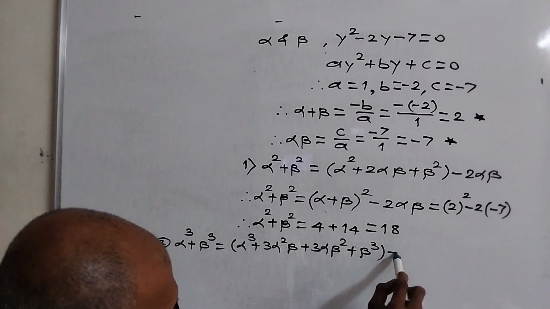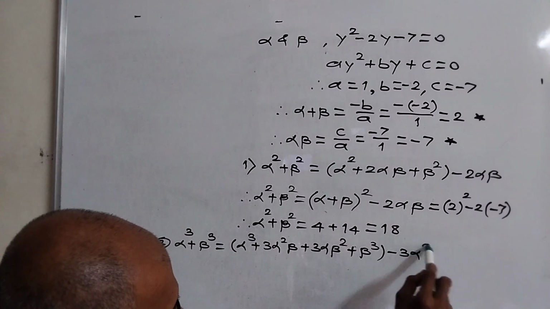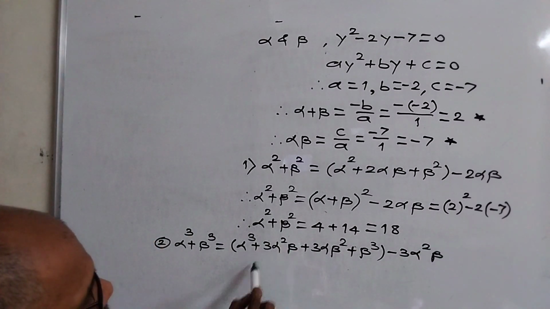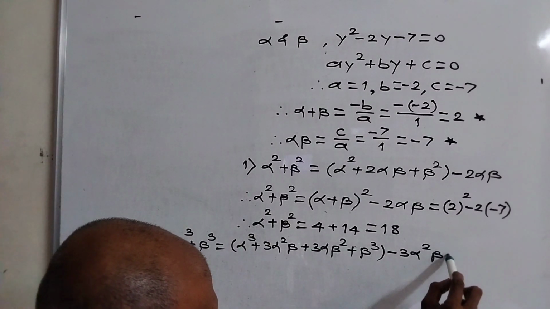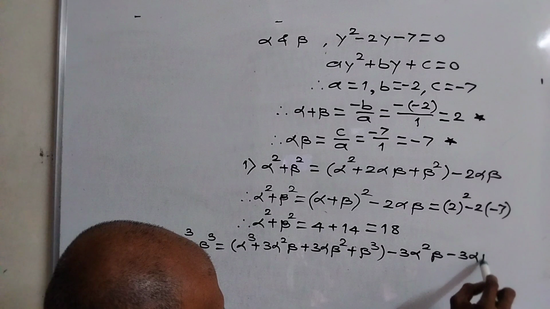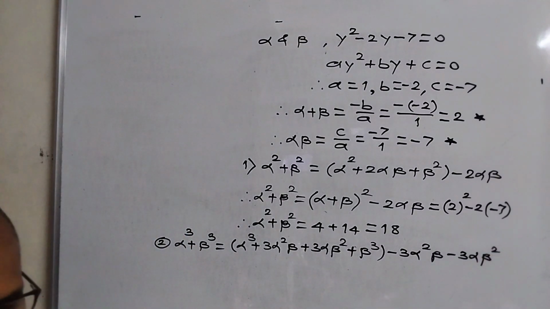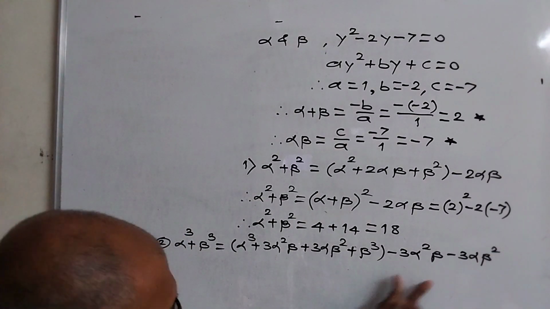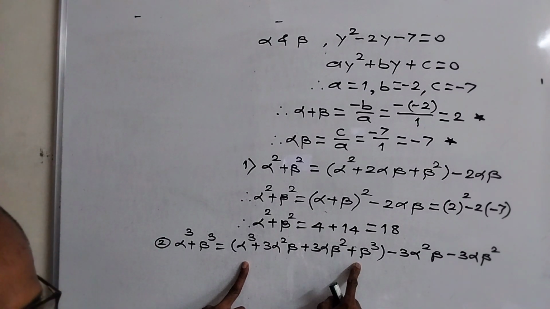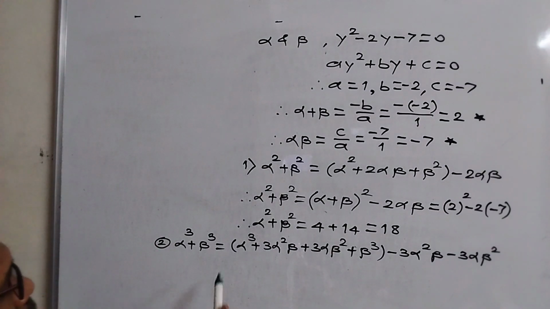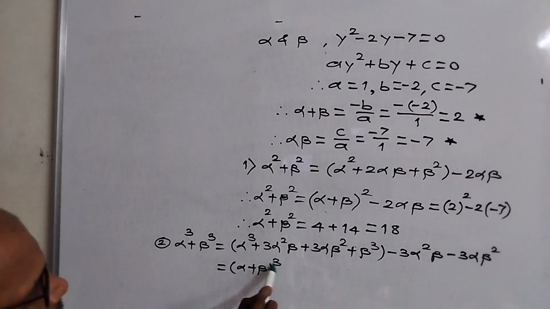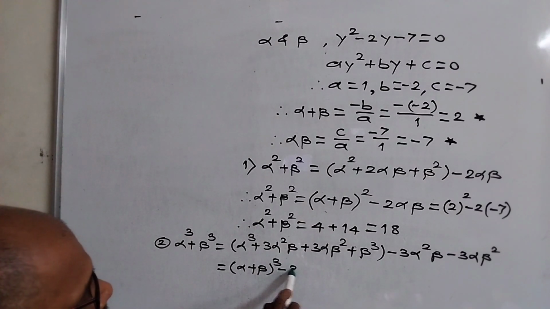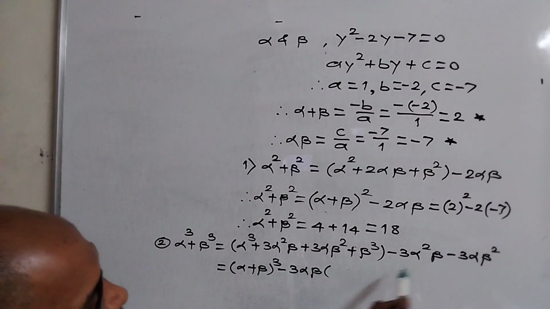So we write here minus 3 alpha square beta, plus minus cancel. Then here also plus, so we write here minus alpha beta square. Did you understand? These are cancelled. Then the rest remains the same. See here, this is the perfect cube of alpha plus beta bracket cube minus 3 alpha beta common.